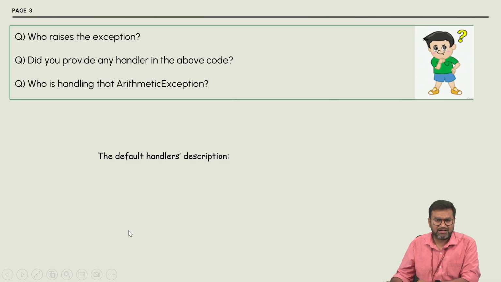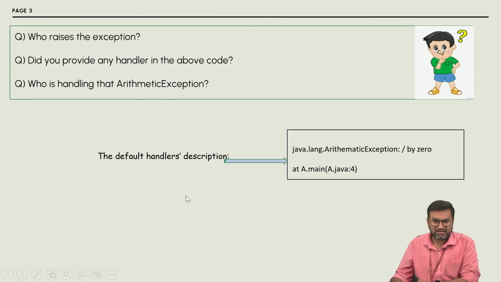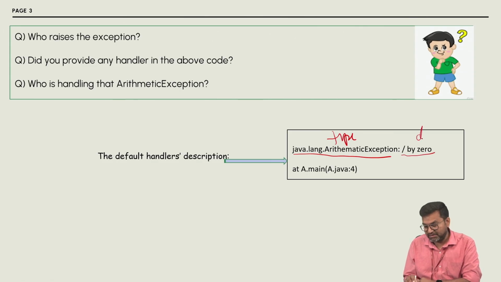So the default handler, after receiving that exception object, processes it and displays some information in string format. If you observe this, this is the description provided by the default handler. The first part denotes the type of exception. After that, we have some description, which he provides by default.